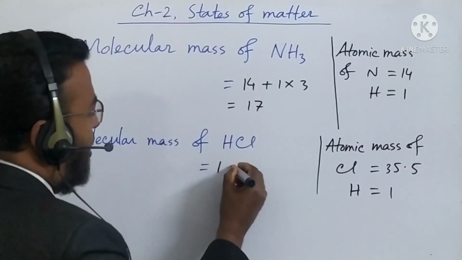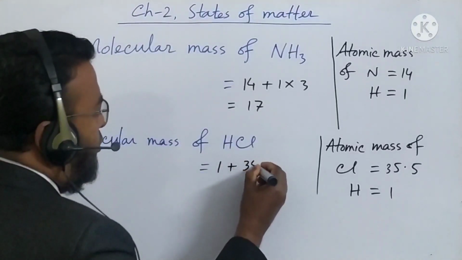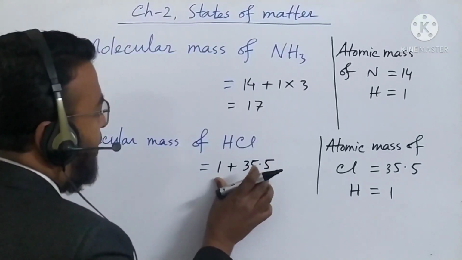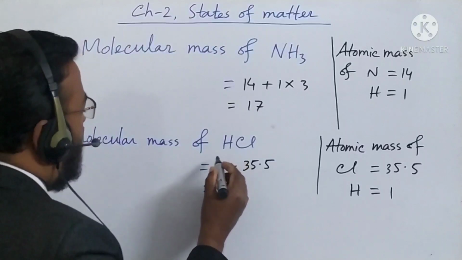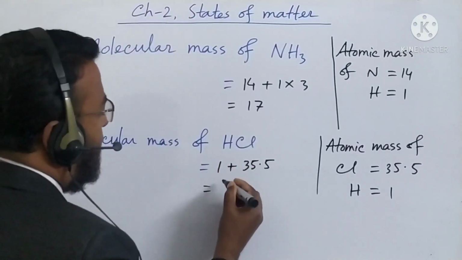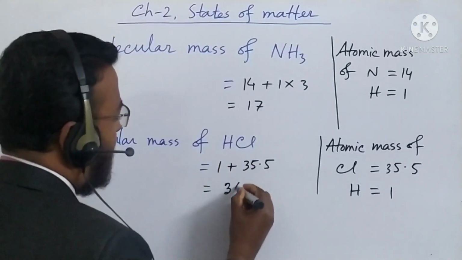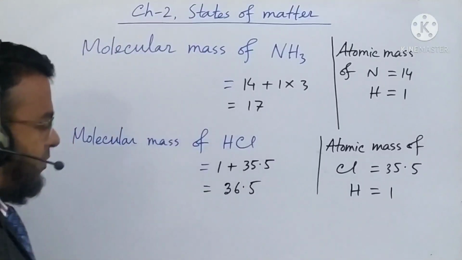So hydrogen is 1 plus chlorine is 35.5. If we add, then we will get the molecular mass of hydrogen chloride gas, that means it is 36.5.